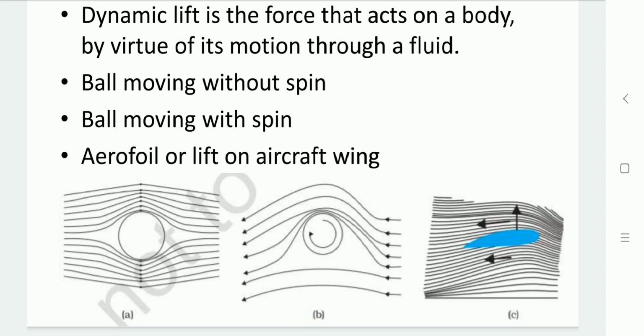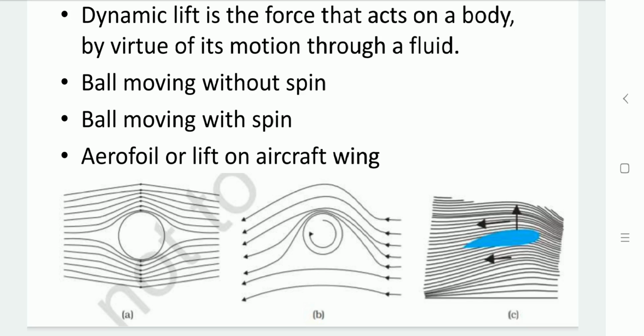This generates a difference in velocities of air, which generates a pressure difference between the upper and lower faces of the ball, which gives you an upward force on the ball. This is the dynamic lift generated due to the spinning of the ball, which is known as the Magnus effect.